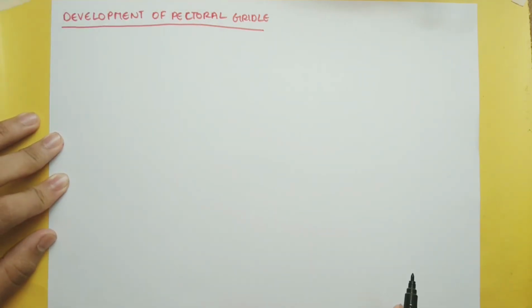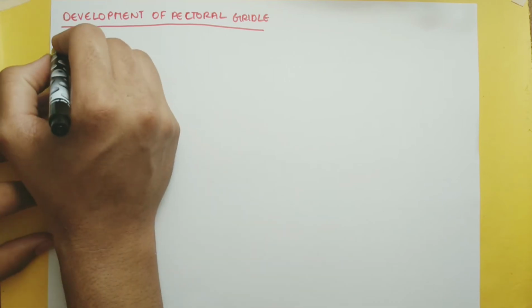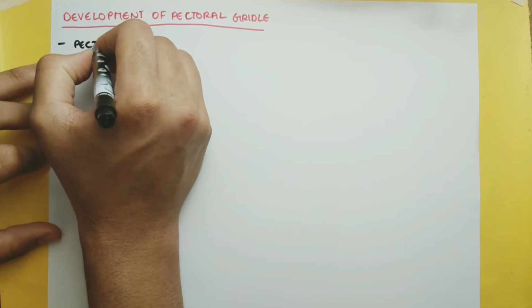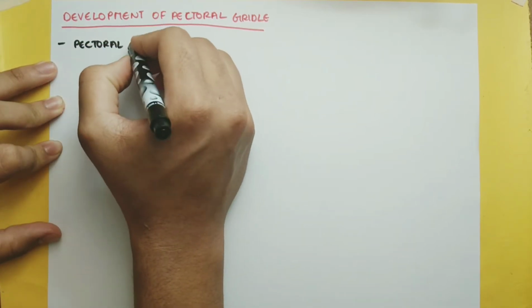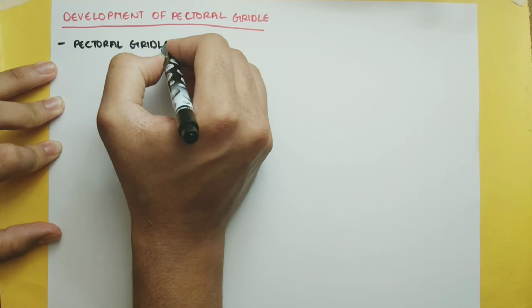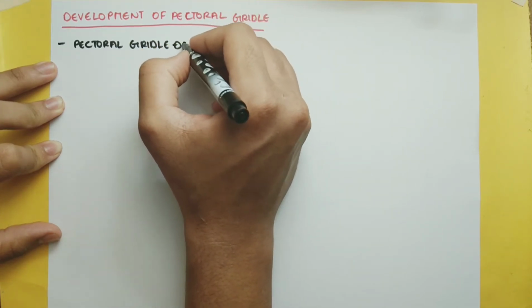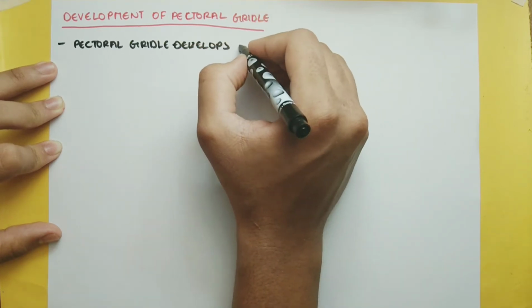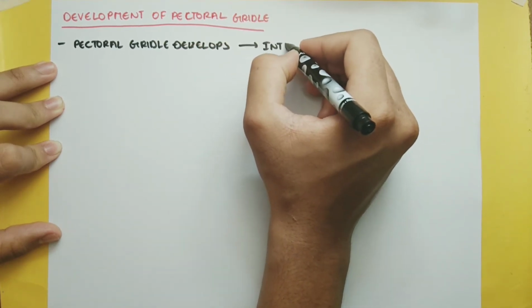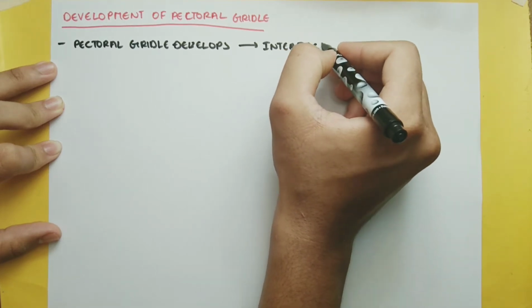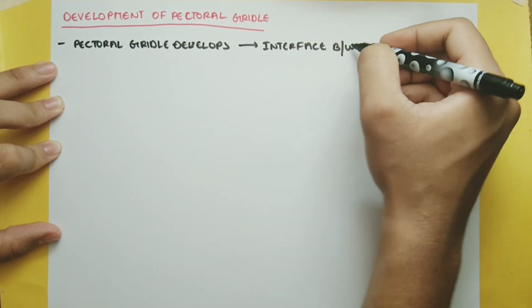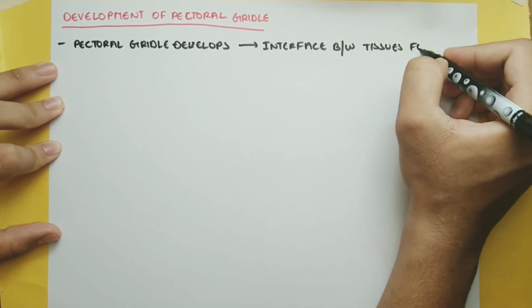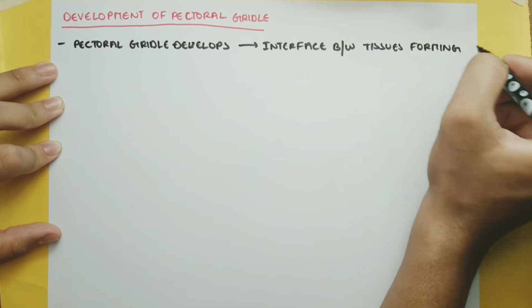The pectoral girdle develops at an interface between tissues forming the head and neck.